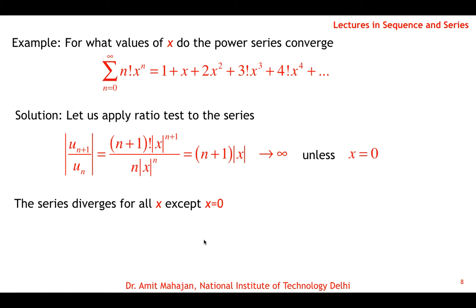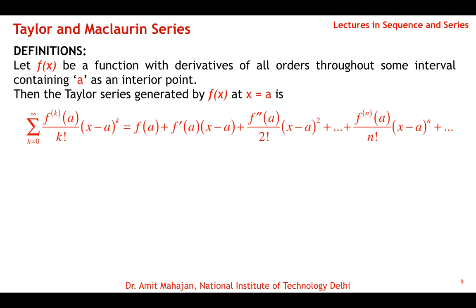So this was about the power series and its convergence. Now next is the Taylor series and Maclaurin series, which represent functions with a power series. The functions that are infinitely differentiable generate a power series, and we call that a Taylor series.